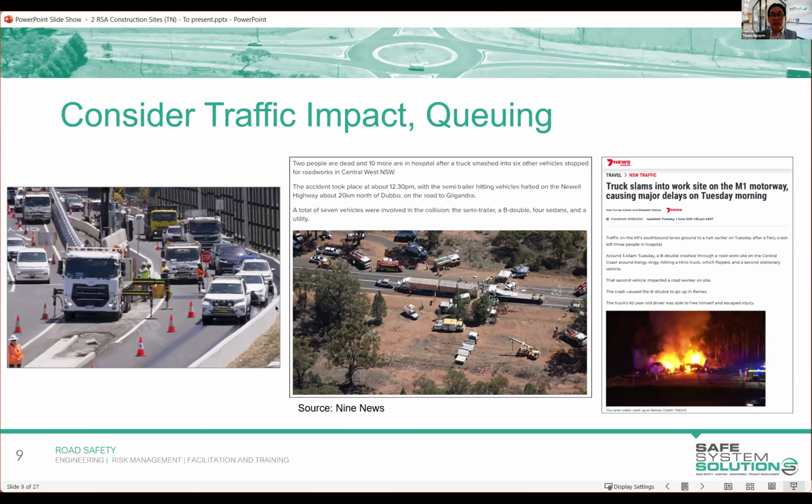Well, traffic can quickly build up, and on the screen there, I came across an example of trucks in particular, which need a lot longer stopping distance, ramming straight into the back of the queue, creating severe injury to motorists. So that is another important consideration that as an auditor, I feel you always need to check.